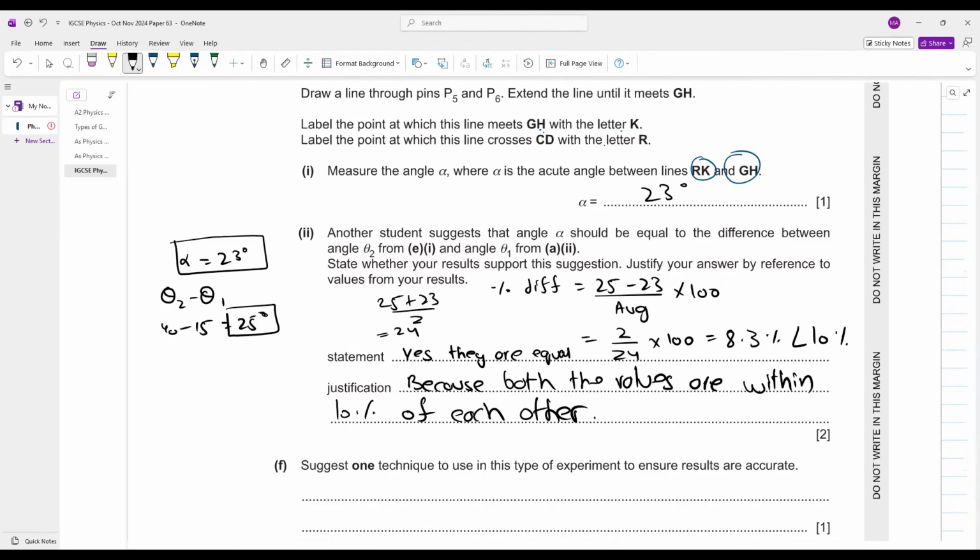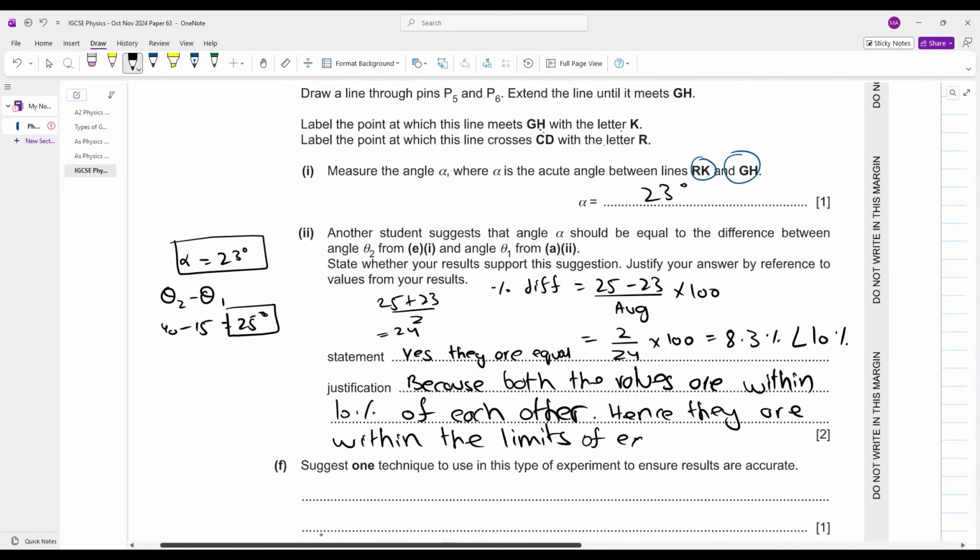Yeah, both the values are within experimental accuracy. Okay, within the limits of experiment, hence they are within the limits of experimental accuracy. Simple. Nothing complicated here. Let's move ahead, beta.